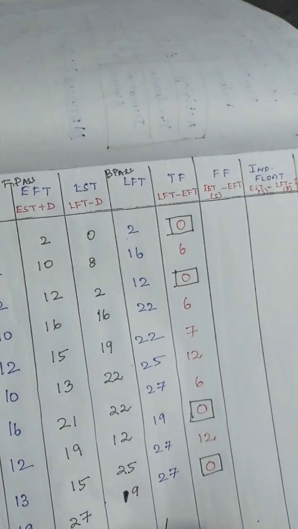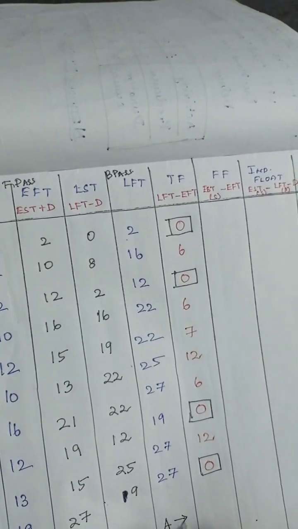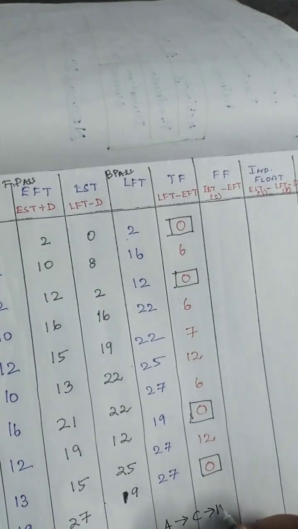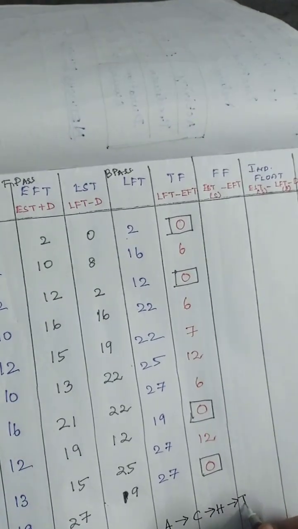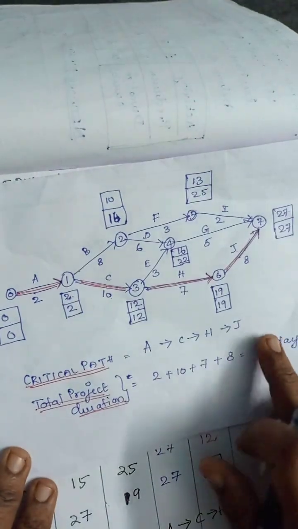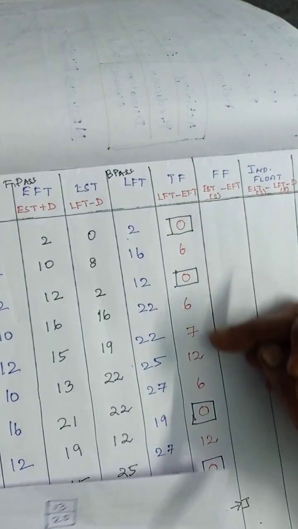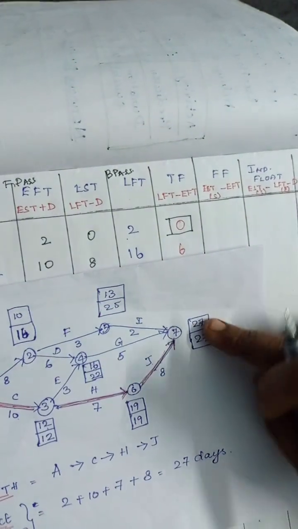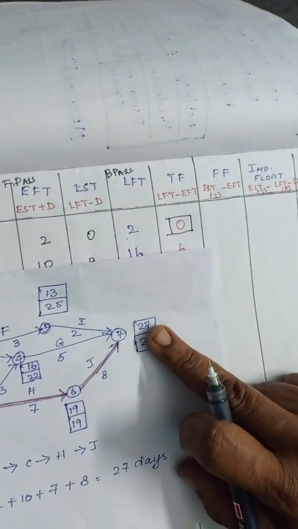So the critical path is A, C, H and G. The same thing we got in this network diagram also. A, C, H and G. So using this total float also we can calculate the critical path, and using this also you can calculate the critical path.